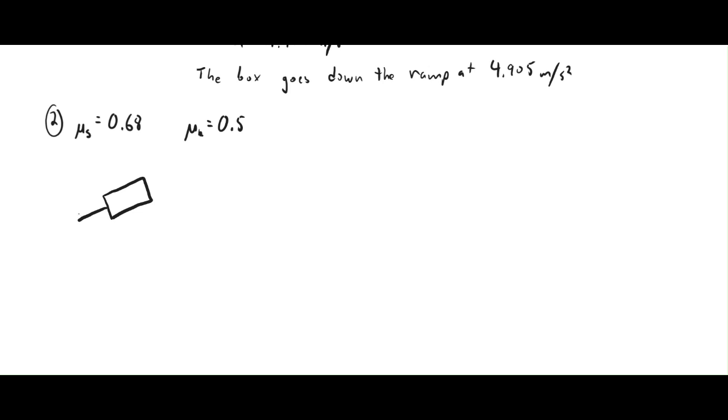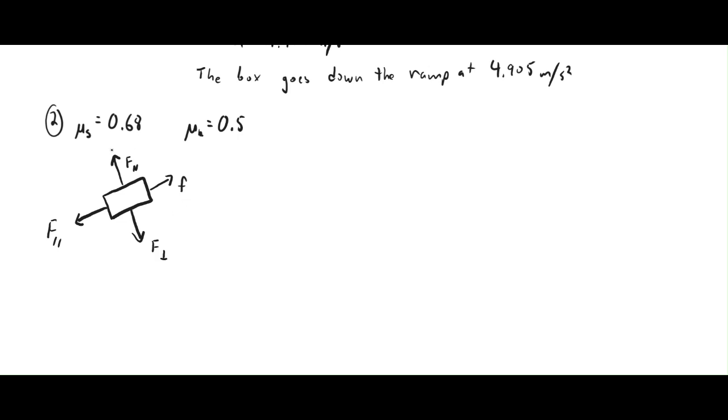So we still have our F parallel from gravity, and the box is still the same mass, so we're still going to get the same expressions for F parallel and F perpendicular. So that all works out the same as we did in question 1. The normal will be the same, but this time we have this little force of friction.